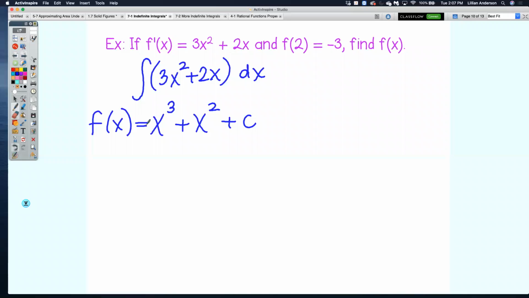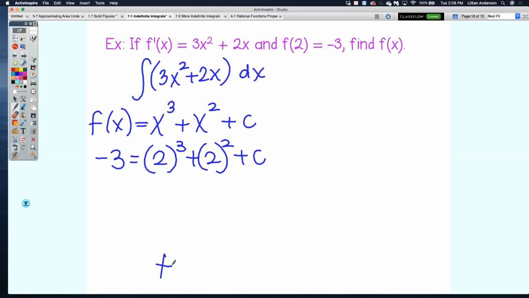But you're told specifically that f of 2 is equal to -3. So we are able to find the original function by plugging in -3 for f of x and 2 for x to solve for our constant. And then we'll have the original f of x function. So that's going to be -3 is equal to 8 plus 4 plus c.